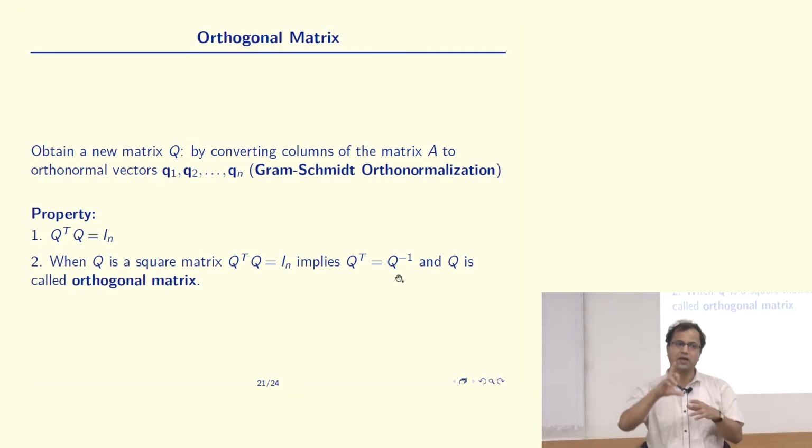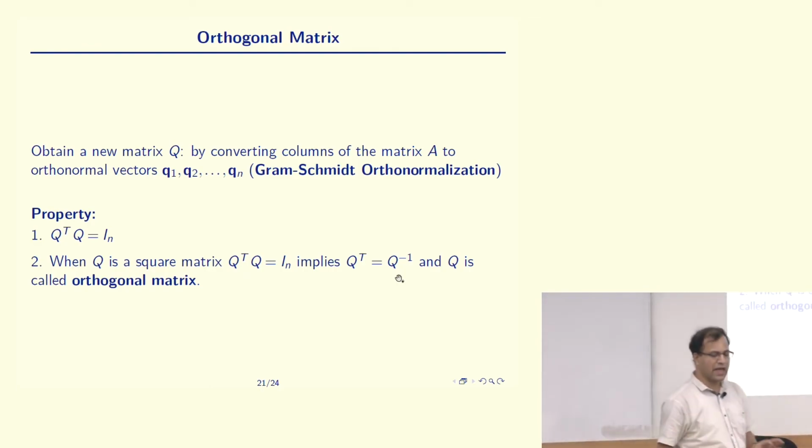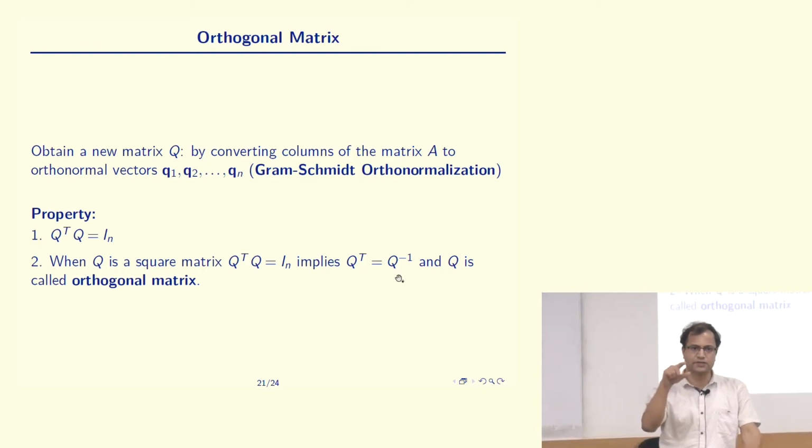So if you can convert your matrix A to this matrix Q, right? If you transform your matrix A to matrix Q, where all the vectors are orthonormal, then this matrix will be called an orthogonal matrix, matrix Q. And you will have this nice property that Q transpose Q will be the identity matrix.